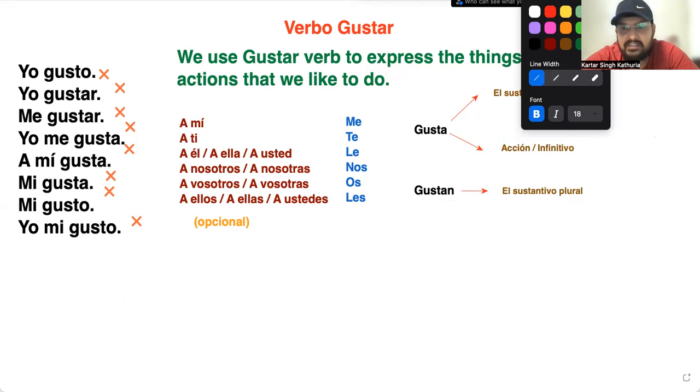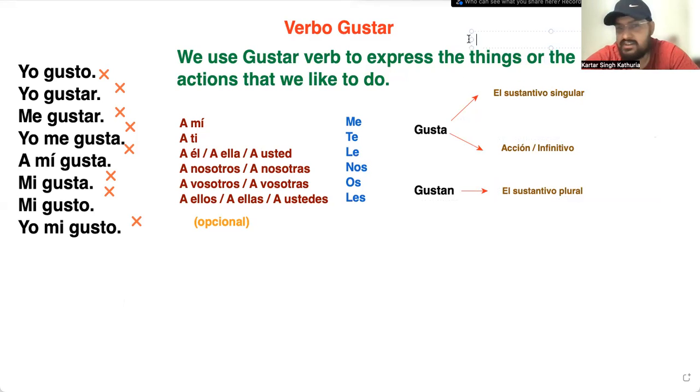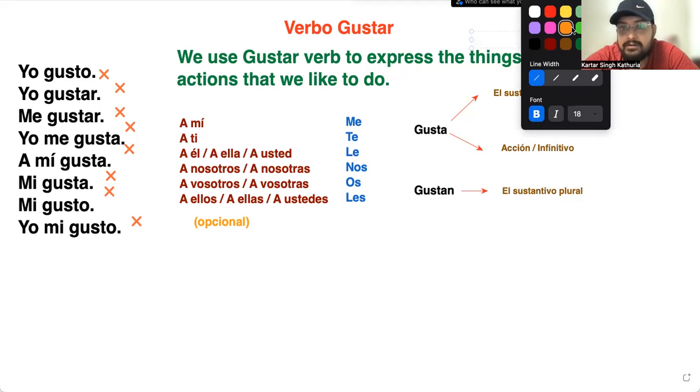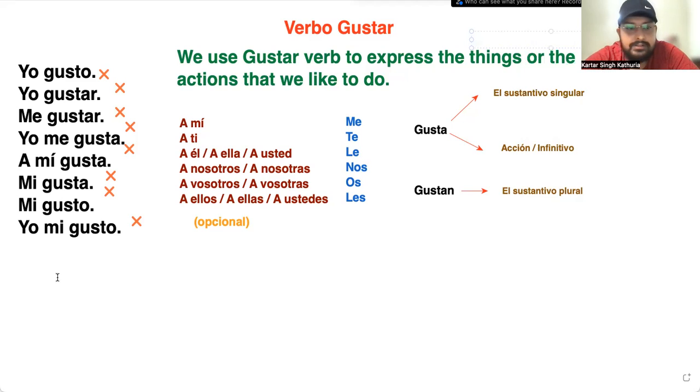Now we can talk about a few words here. I'm not understanding this technical language as a student. What is sustantivo singular, acción infinitivo, sustantivo plural? No. So to make it simpler, I'm writing a list of a few words like apple, orange, chocolate. I can say white chocolate, dark chocolate, right?